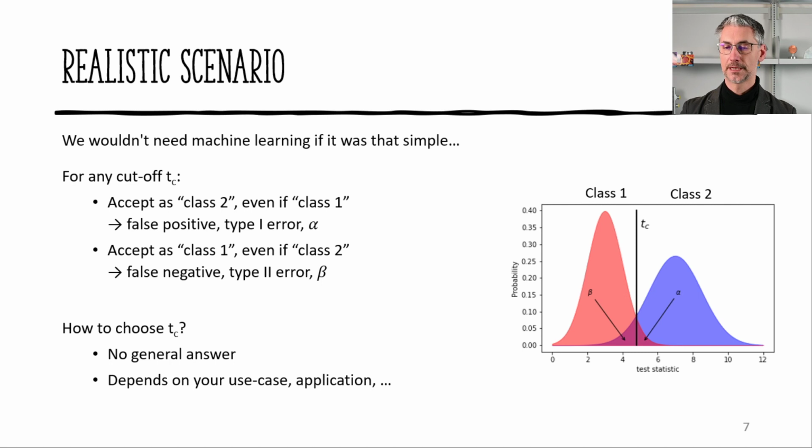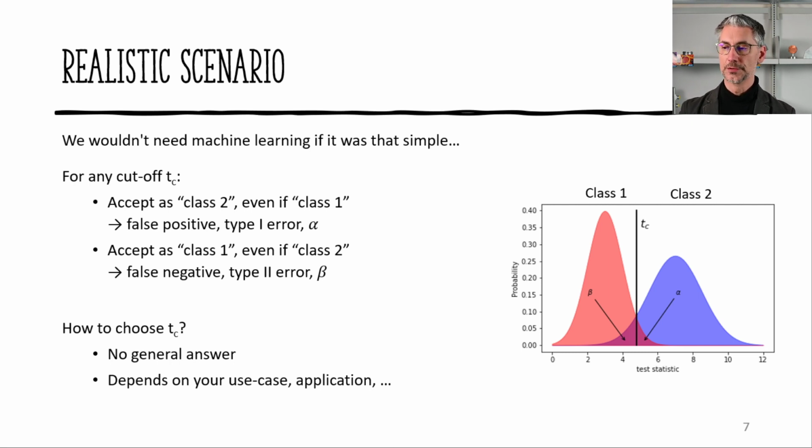So when we define a cutoff and everything above a given probability is now classified as class 1 or class 2, we make two types of errors. We can either accept class 2 even if it was in reality class 1, this is called a false positive or a type 1 error, denoted by alpha. Or we accept class 1 even if it was class 2. This is called a false negative or type 2 error, denoted by beta.